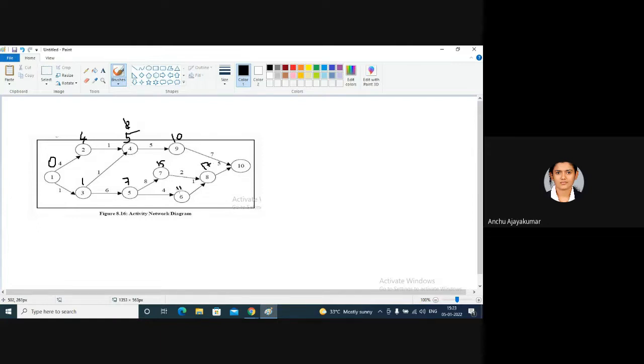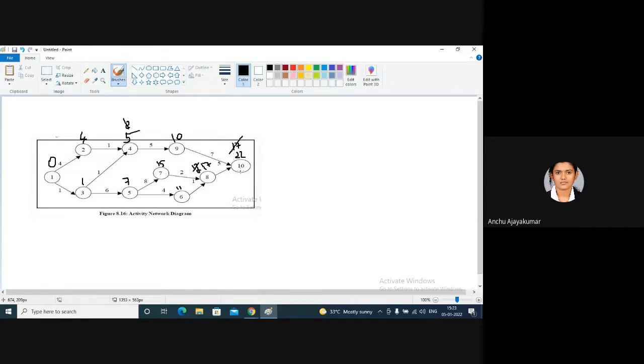Here 11 plus 1 is 12 days, so we are striking this 12 here, because we have to take the highest value. So I am striking this 12 and taking 17. 17 plus 5, you will take 22 days to complete your work, and 10 plus 7 is 17 days. You have to take your highest value, so I am striking this one. This 22 will be your TE.